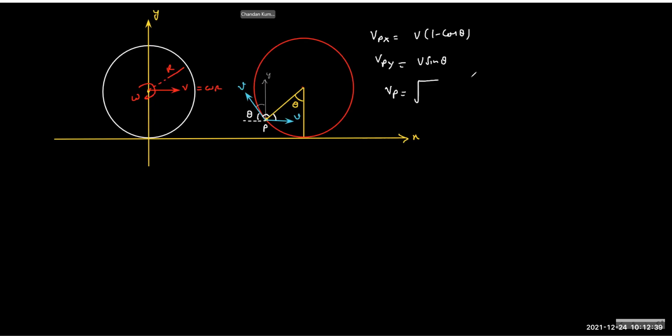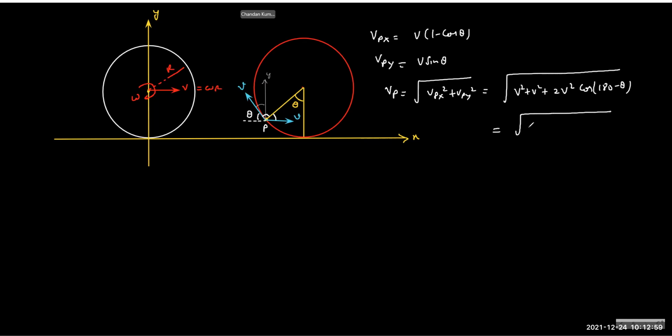Either you can do it by squaring and adding, or you can just write the vector formula: a square plus b square plus 2ab cos theta, where the angle is 180 minus theta. Which turns out to be 2V square (1 minus cos theta), and this will become 4V square sin square theta by 2, because 1 minus cos theta is 2 sin square theta by 2. So you can do it like this also.